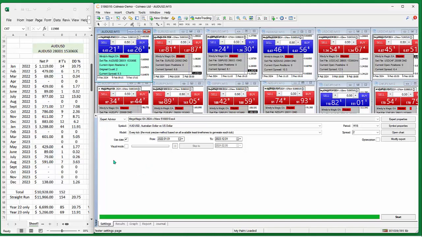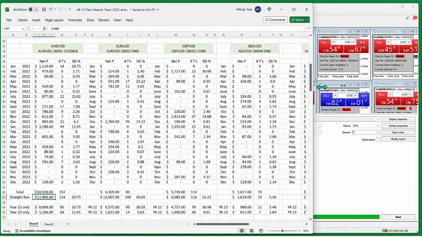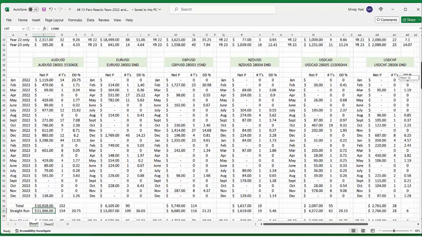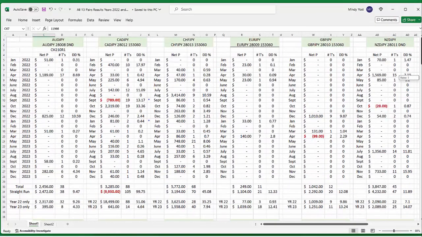Okay, now what I've done though is I haven't just tested this one pair. What I have is this spreadsheet where I have all of the pairs. I trade 13 pairs with this EA, and I've done the same type of testing for all of the pairs that I trade.